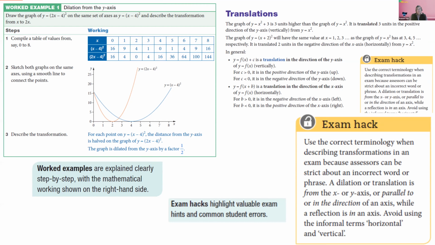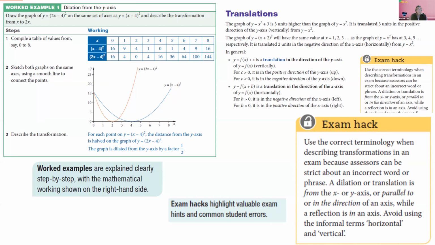It's very important that you use correct terminology, and Greg's an assessor, and he'll tell you that a dilation or translation is from the axis or parallel or in the direction of an axis, but a reflection is in an axis, and you should avoid using terms like horizontal and vertical. So exam hacks contain valuable hints from the assessors, from the exam reports, and they also highlight common student errors as well.